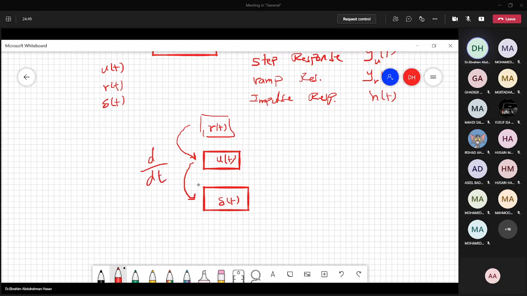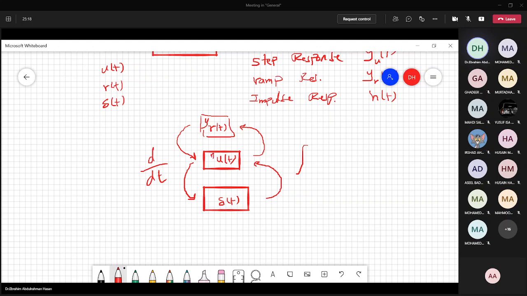So the derivative of ramp is u, the derivative of u is delta. And from here to here, we use integration. So the integration of delta gives a step, the integration of a step gives a ramp. Similarly here, this is y r of t, the ramp response.